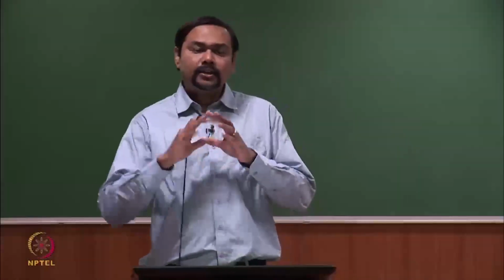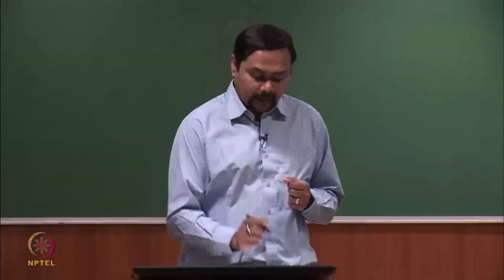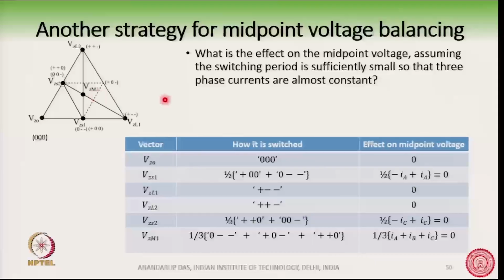So, now we are changing the space vector diagram by introducing additional vectors, and the most important one is the virtual vector VZM1. By introducing these additional vectors, we are ensuring that whenever we use these vectors, their effect on the midpoint voltage is 0 or minimum.